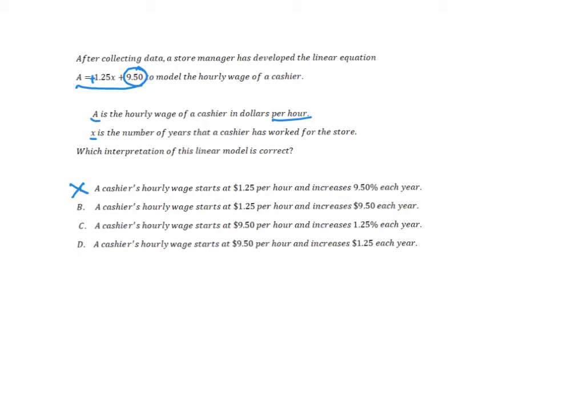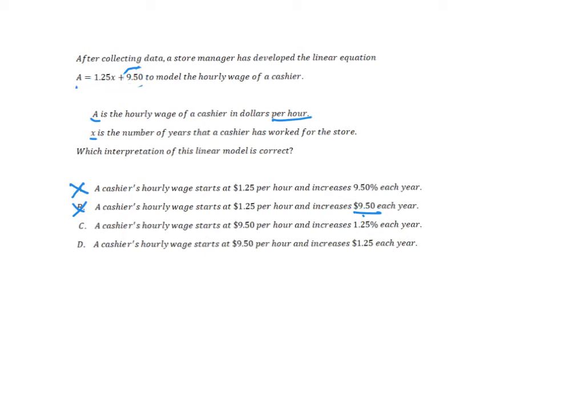So A is not the correct one. Let's go for B. A cashier's hourly wage starts at 1.25 per hour and increases 9.50 each year. Where again, x is the number of years. So what's connected to the years is not 9.50. It's 1.25. So there's no way B will be the correct one.